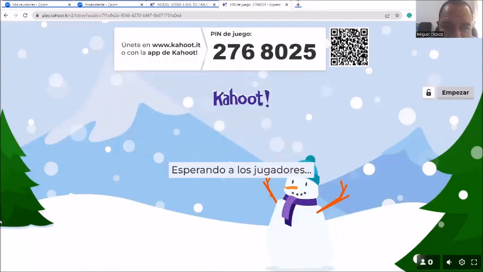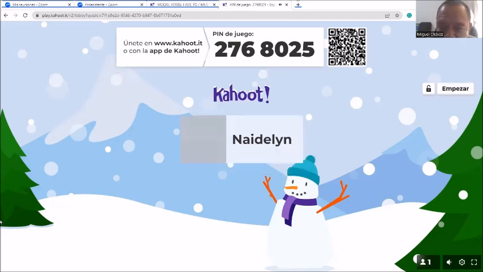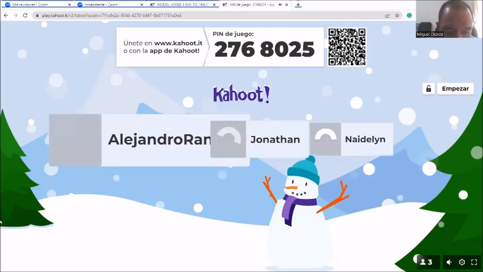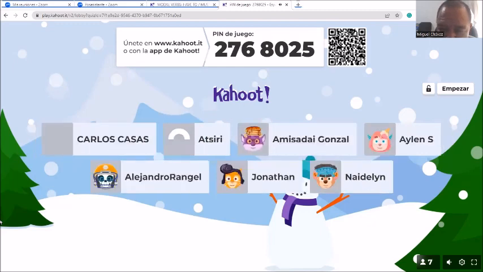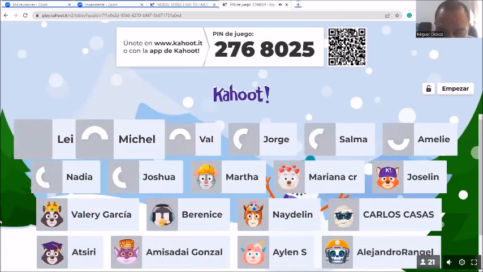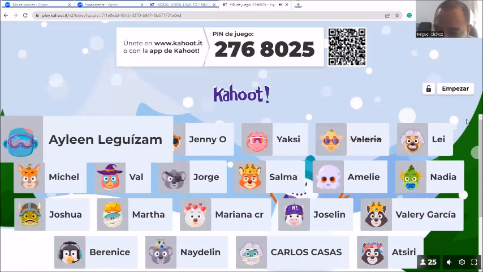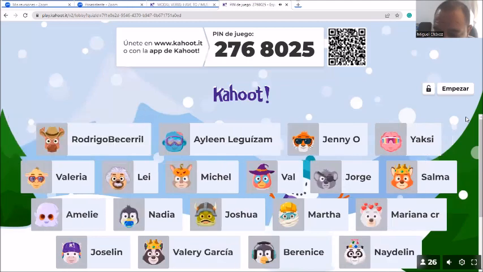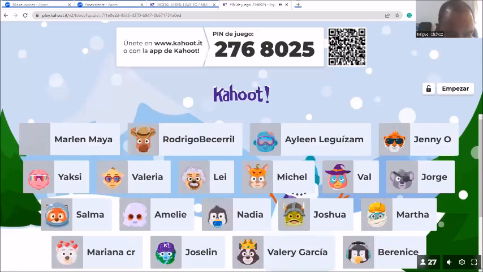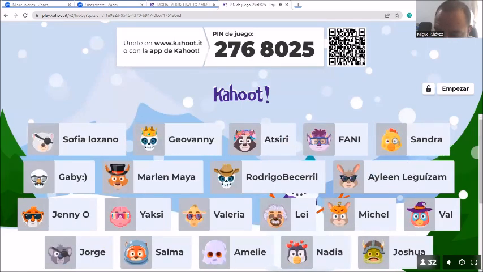Okay, the pin for our game is 2768025. Or scan the code that we have on the screen, please. Okay, let's start with our game.